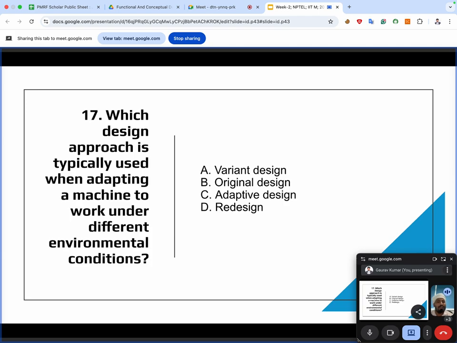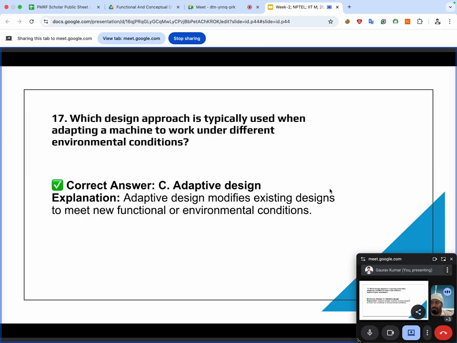So you are not changing what the product does, but you are ensuring it works under new conditions. Example, a phone designed for extreme cold, right? So C is the right answer, adaptive design. So moving to the next question. Please, you can also see the explanation part. Please go through this slide.